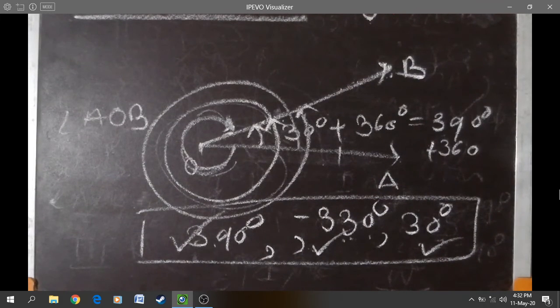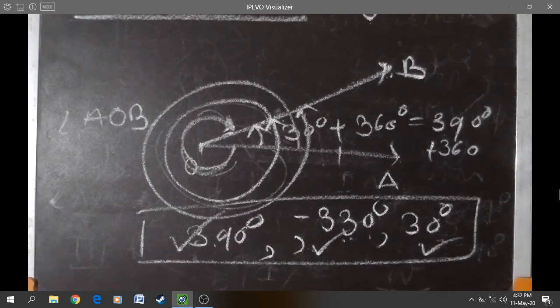So these are the angles which have the same initial arm OA, the same terminal arm OB, but different rotations, and so these are called coterminal angles. If two directed angles are coterminal angles, then the difference between their measures is an integral multiple of 360, right?